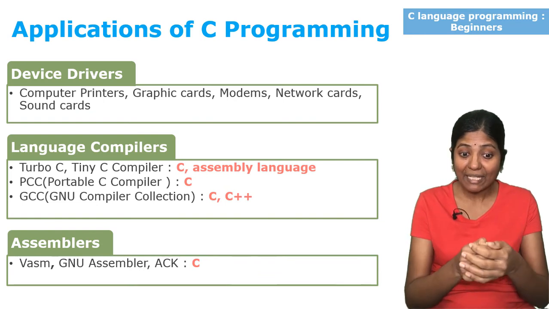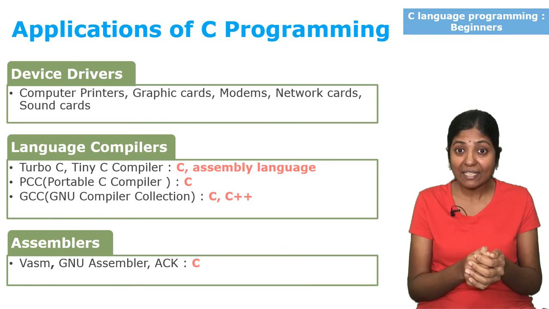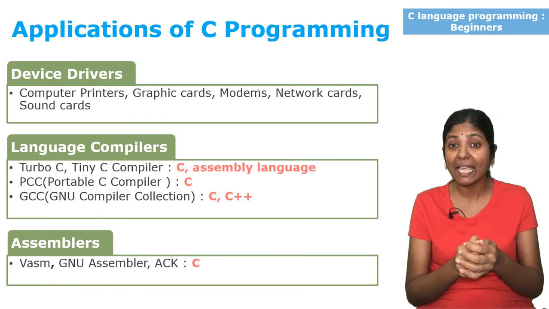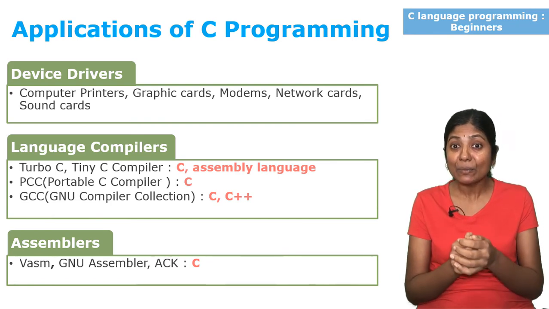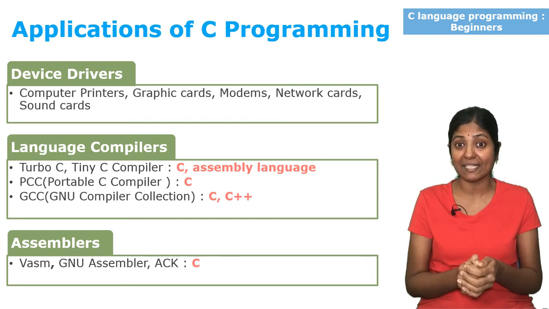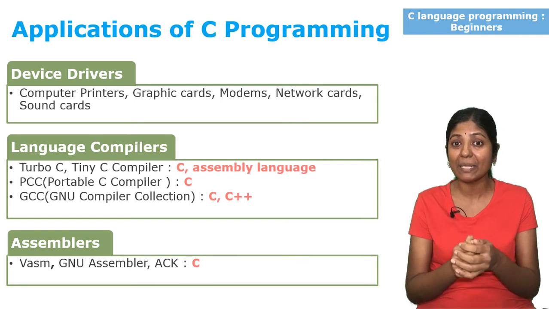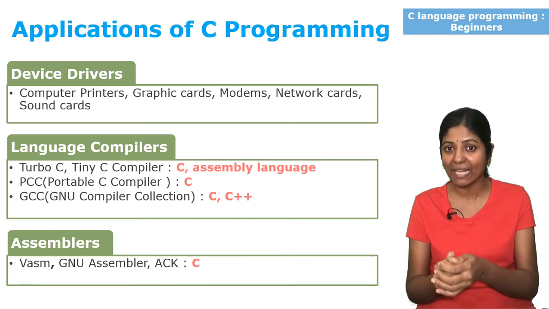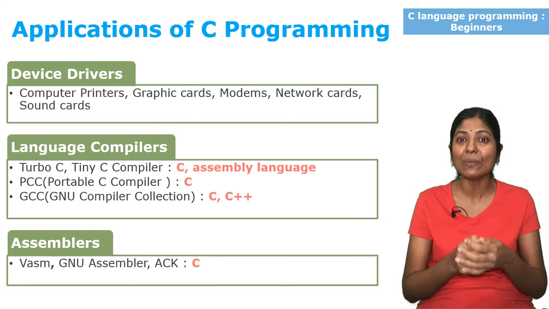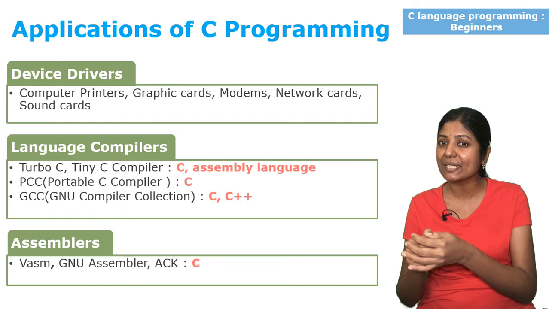Then coming to language compilers. Using compilers, we can translate high-level language code into machine code. We already learned in the C programming features that high-level language code means the instructions are mostly in English, which is easy to understand. But the machine can understand only zeros and ones.